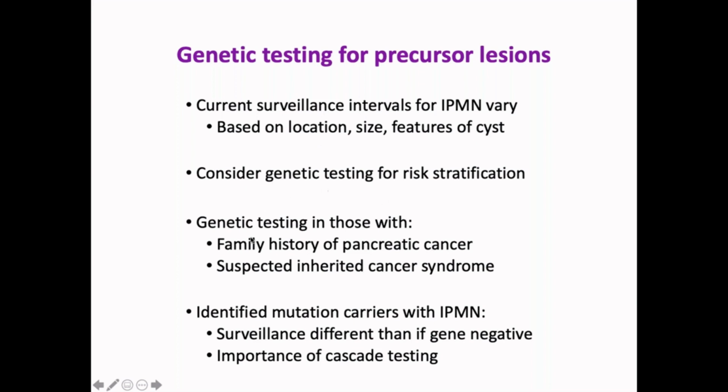We have to be vigilant about ascertaining family history of pancreatic cancer or any other inherited cancer syndrome in these individuals that present with cysts, and consider genetic testing in those that have familial risk or suspected inherited cancer syndrome, because it would potentially change their surveillance, making it more intensive, as opposed to them not carrying a germline alteration. And obviously the importance of cascade testing for other cancer susceptibility and increased risk.